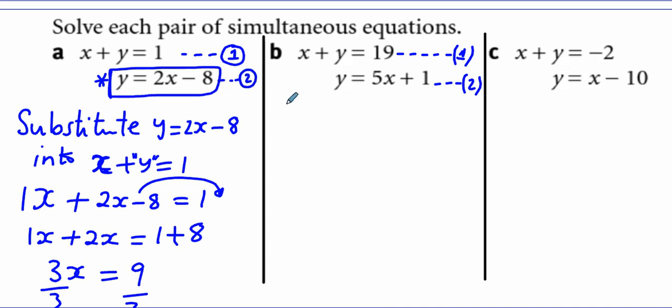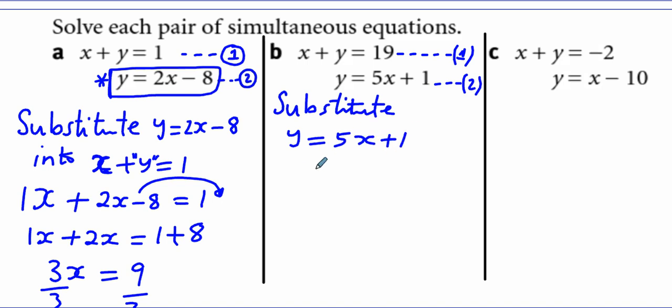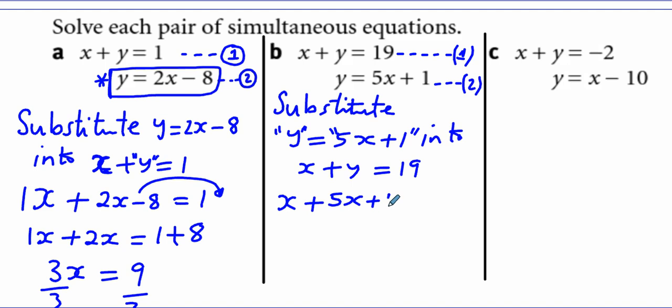So what we are going to do is substitute y equals 5x plus 1, because y is already the subject, into x plus y equals 19. Now how do we do that? We have x plus y. In place of y, you write 5x plus 1. So that will be x plus 5x plus 1, that is your y, equals 19.